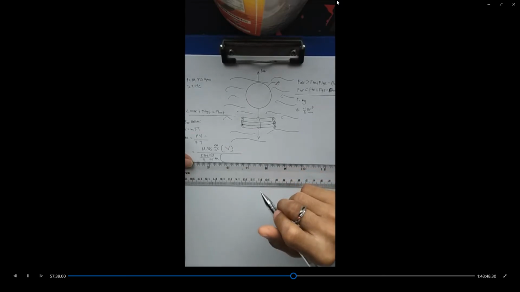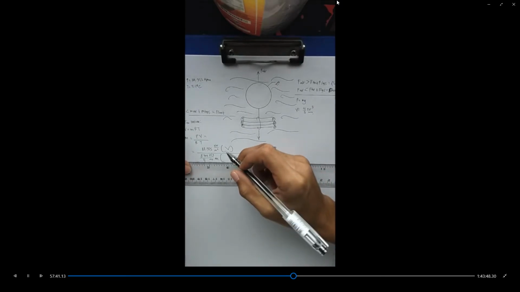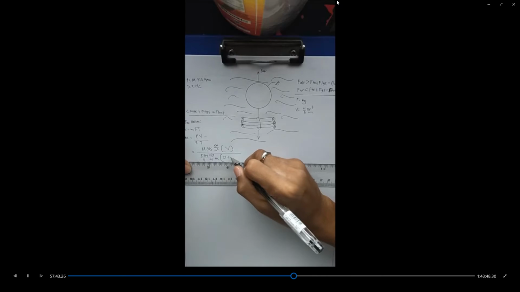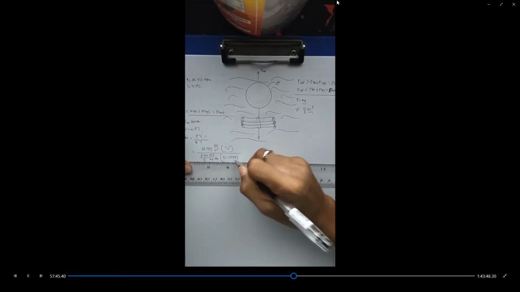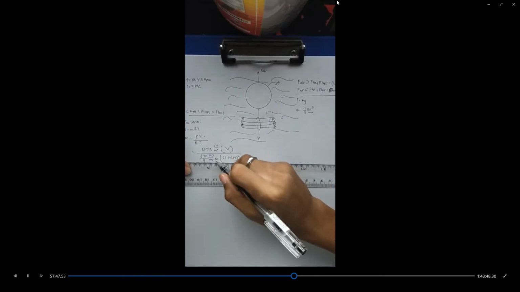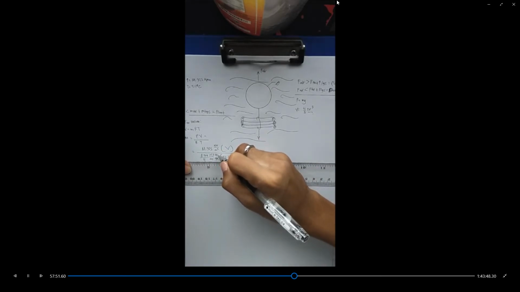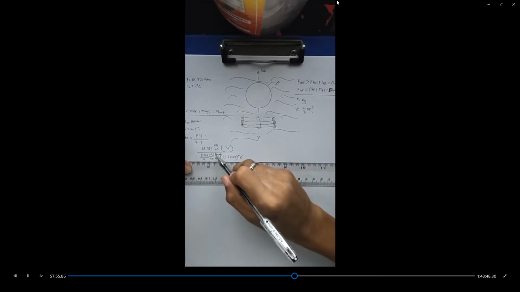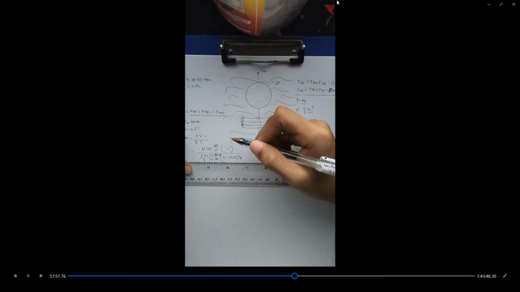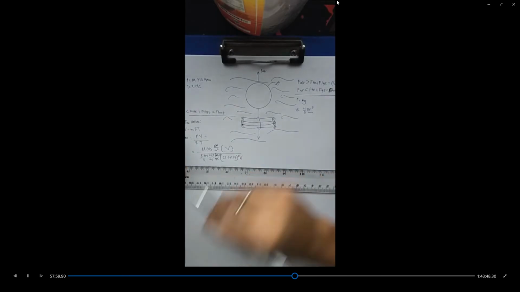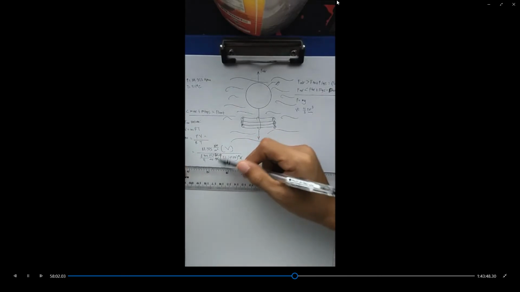So we need to convert this to absolute form: 21.1 plus 273, which will be in degrees Kelvin. I'm going to cancel out my units. Kilojoules can be written as kilonewton meter. So kilonewton will be cancelled and meter will go on top, and kilogram will flip to the top.